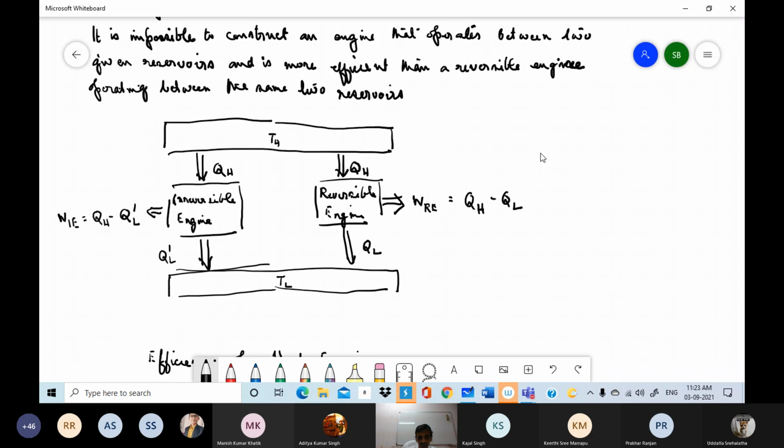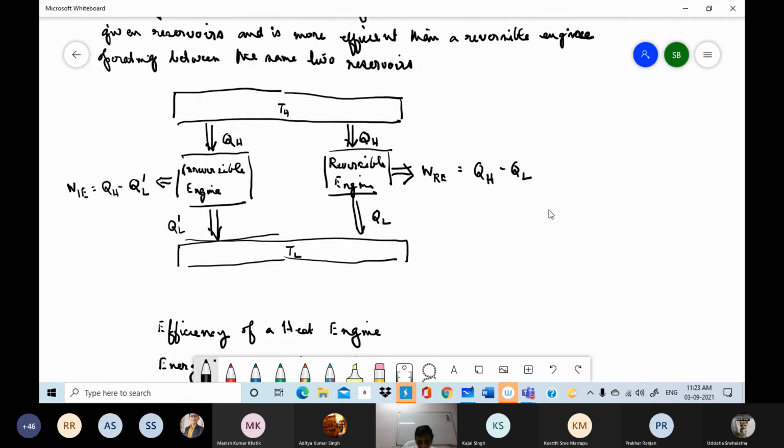So this is what the two engines look like. Now, let us assume that the irreversible engine has higher efficiency.